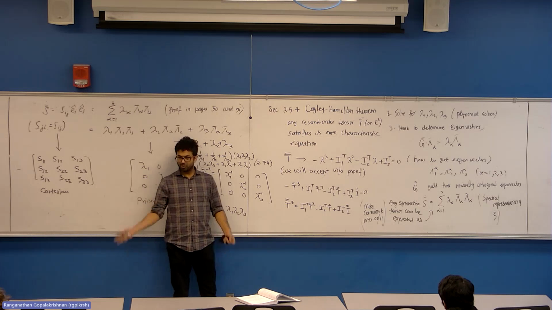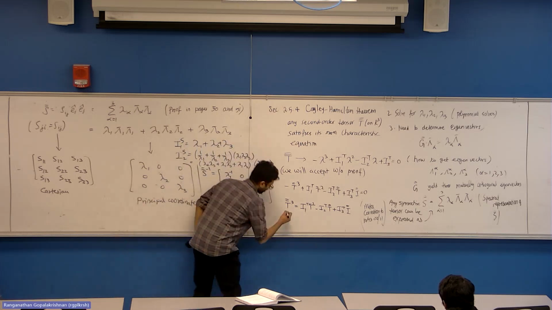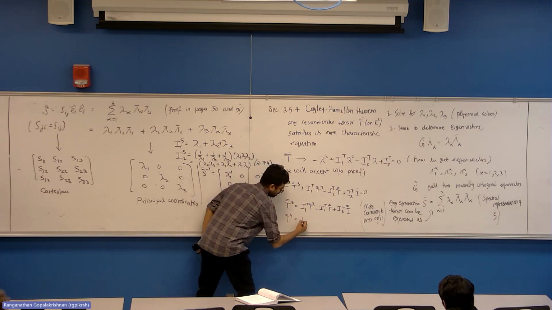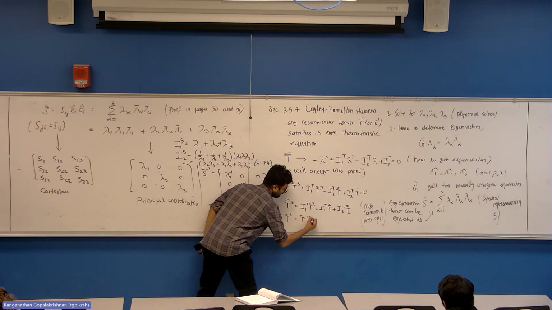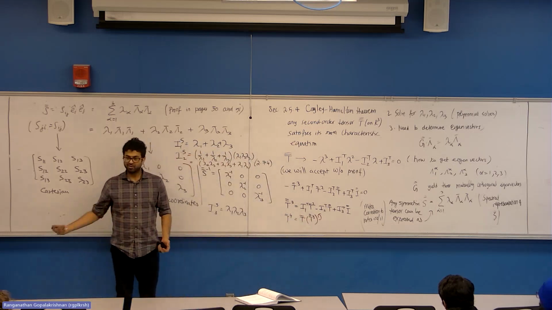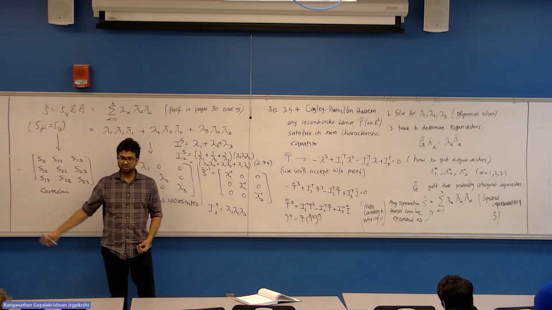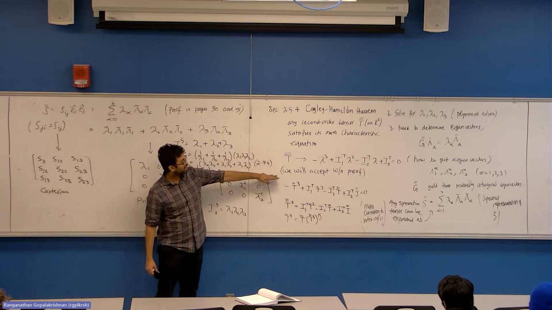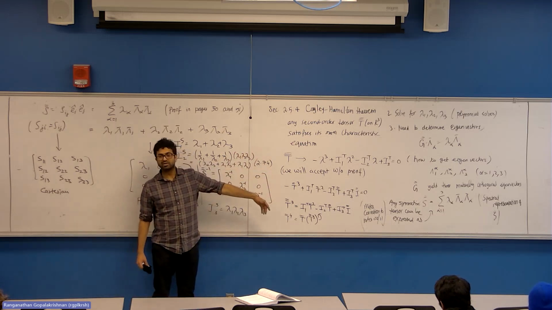If you want T cubed for some reason, or T to the fourth, you can take T and multiply it with T cubed, which is this expression. You can get higher powers, T to the 5, T to the 6, and so on. So the Cayley-Hamilton theorem, which we accept without proof, is just a way to calculate higher order powers of a tensor.